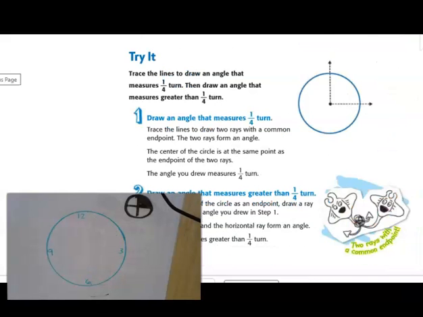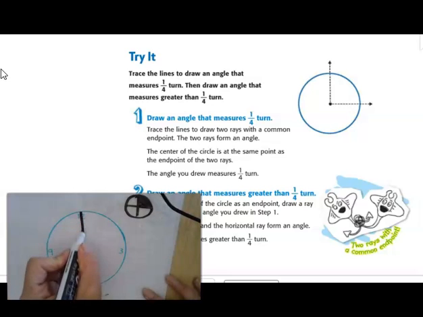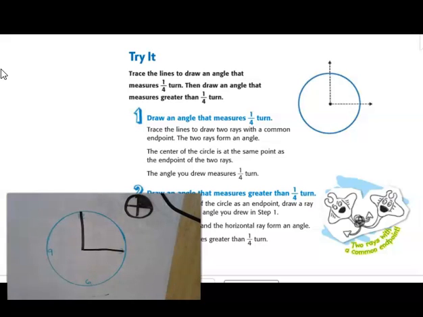Okay, so now I've gone on to page 888, and it has the same. We've got a quarter turn, which would be shown like that, and that's what's showing on the picture right here. And you can trace those lines on yours. Then it asks to trace, and this is our end point. The angle you drew measures a quarter turn. Draw an angle greater than a quarter turn. So before we did ones inside that would be less. Now we have to make one that is greater.